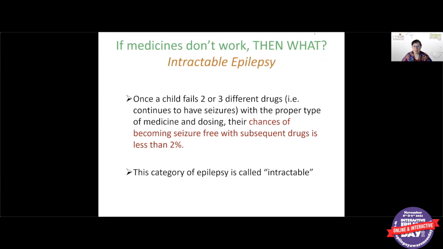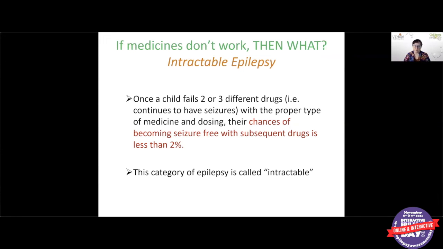So if medications don't work, then what? Those third of patients that aren't going to respond to any of the drugs have what we call intractable epilepsy. Once a child or an adult has failed 2 or 3 different medications and continues to have seizures, despite the proper medicine and the proper dosing, the chance that they're going to become seizure-free with trying other medicines after the first 2 or 3 is less than 2%.